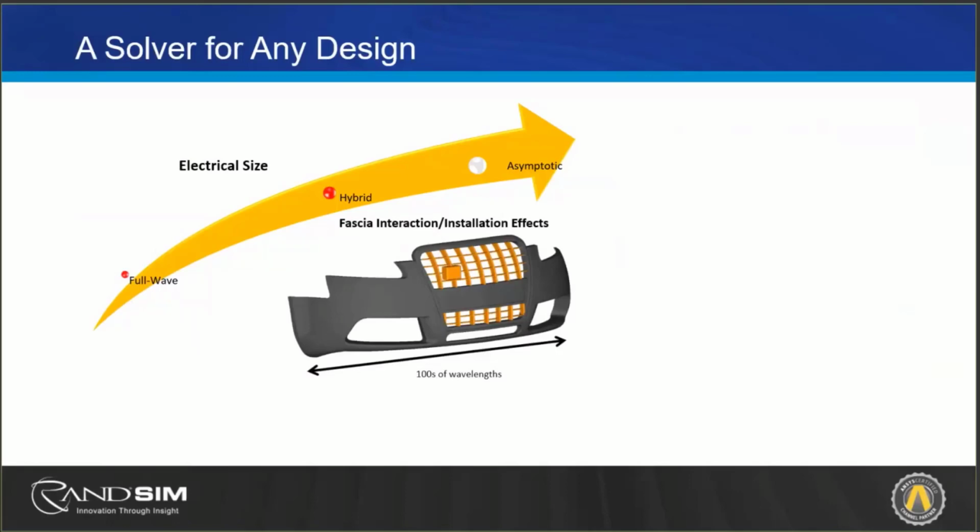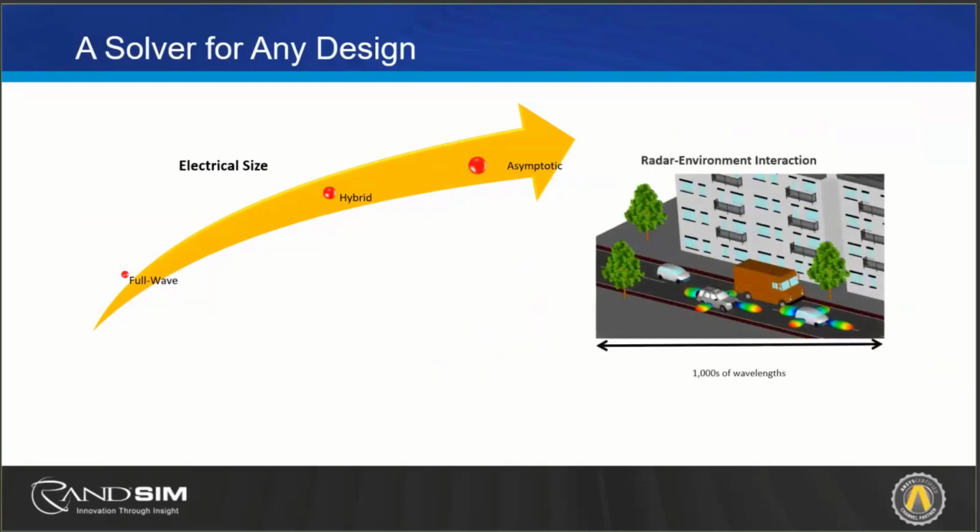Here we talk about tens of wavelengths, hundreds of wavelengths, and then eventually within the tools, we get into the thousands of wavelengths. In a typical full wave solver, we're talking about an extremely long time to get to these thousands of wavelengths solved in a traditional method.